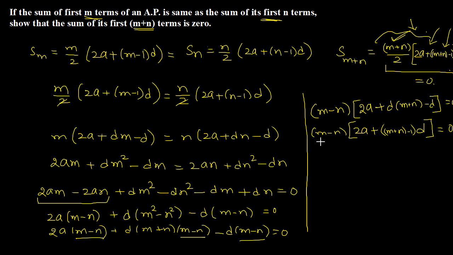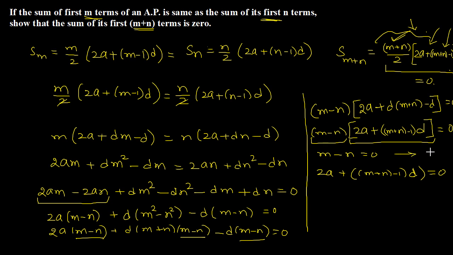So in this scenario, you take them as like factors, how we factorize even quadratic equations. So m minus n equals 0, or (2a plus (m plus n minus 1) d) equals 0. So we have two cases here.